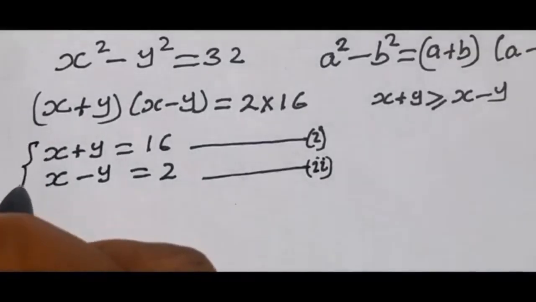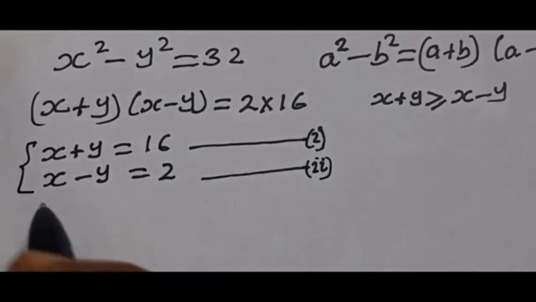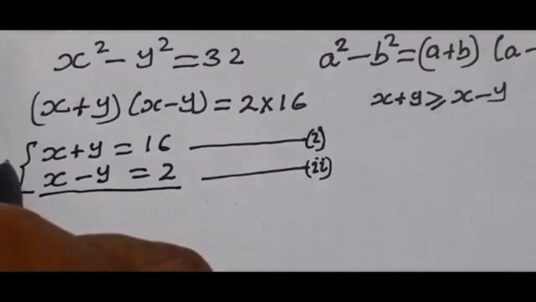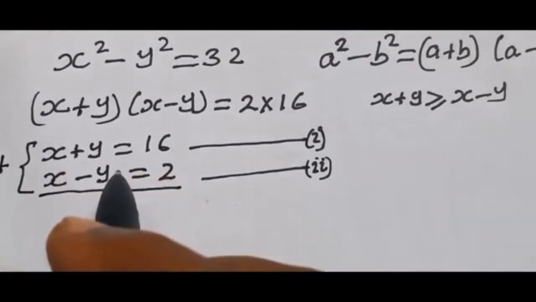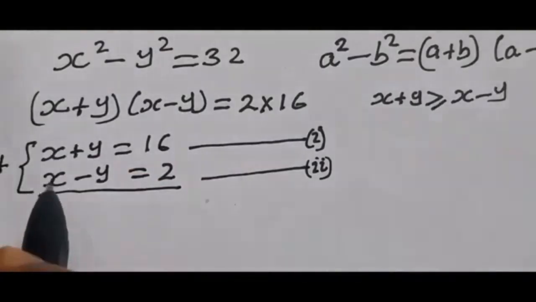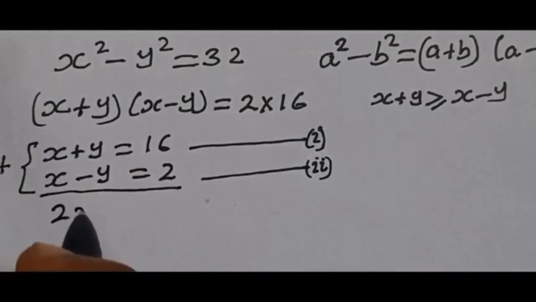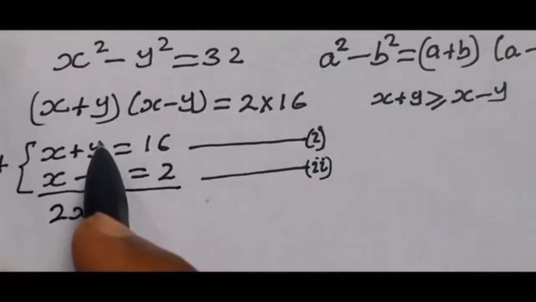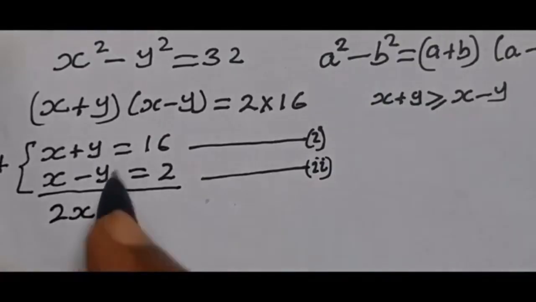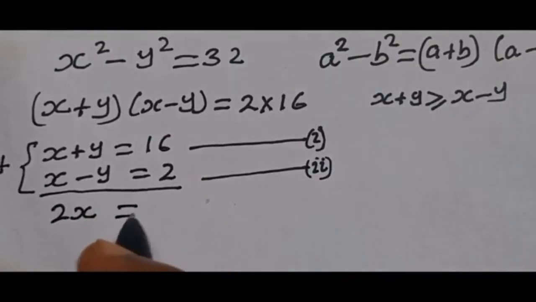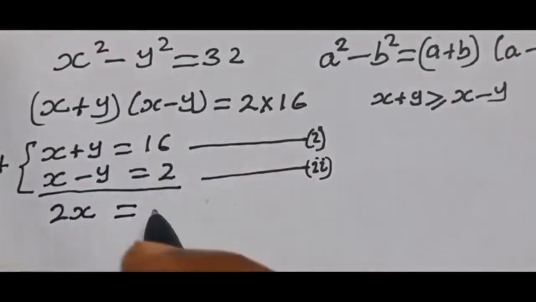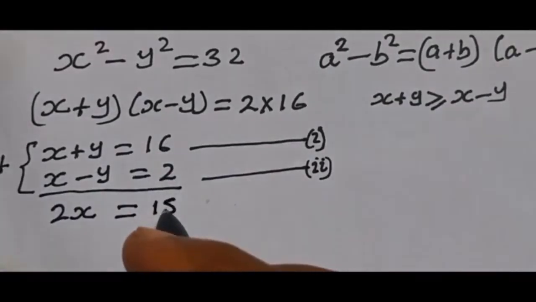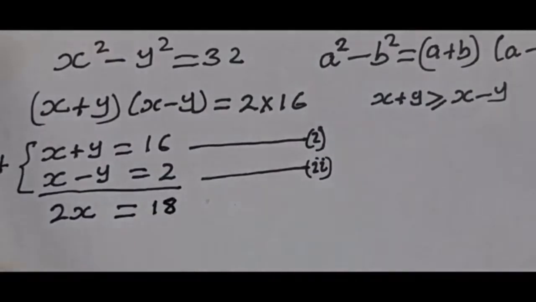Solving equation 1 and 2 simultaneously, here we add because this is positive and this is negative. So x plus x, we get 2x. Positive y, negative y, once they are added, they cancel each other. So here we remain with 0. 16 plus 2, the answer is 18.